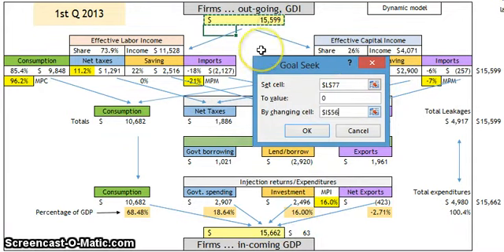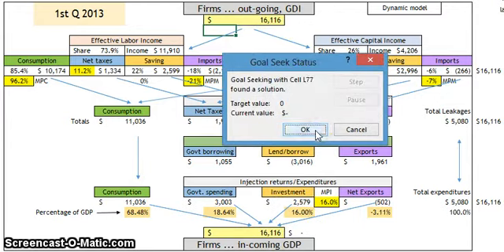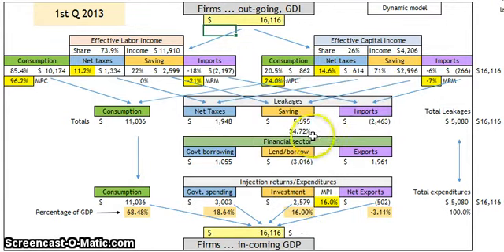So I'm going to change the initial cell so that the money going into the economy will ultimately end up equaling the money going to firms. Okay. So in doing this, we see that at these effective tax rates, the real GDP equilibrium comes out to $16.116 trillion.